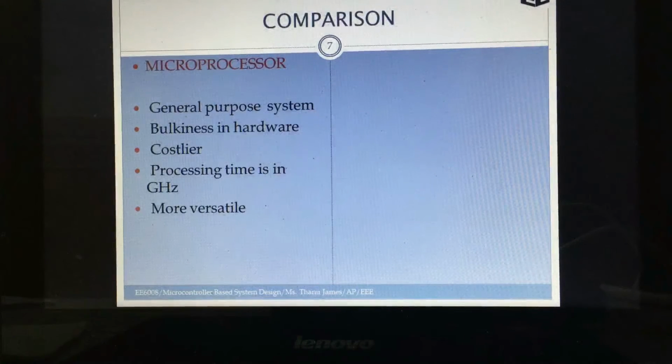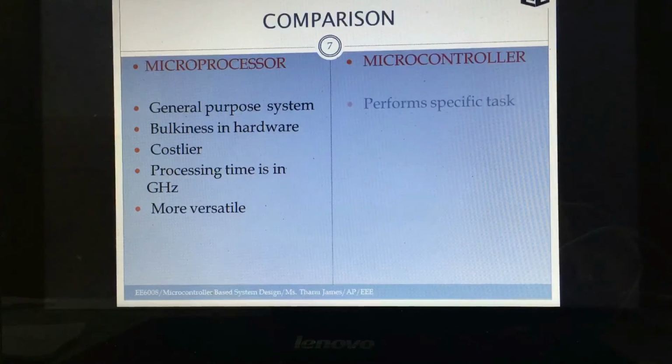Now we have seen what a microprocessor and microcontroller is. We would just differentiate these. As I said, microprocessors are made for general purpose tasks, but microcontrollers do specific tasks.